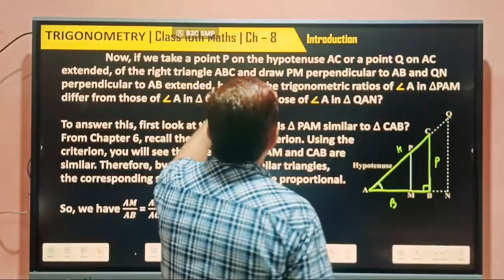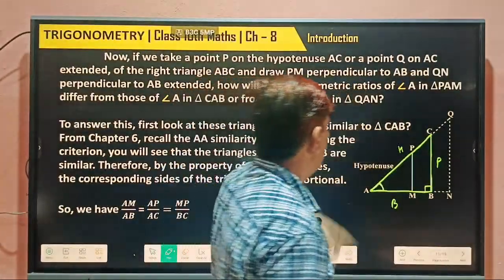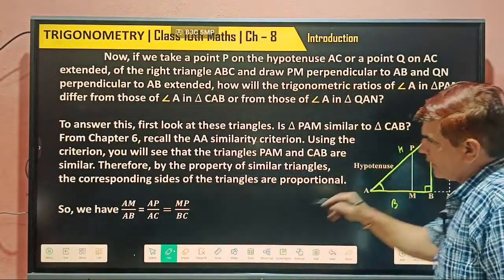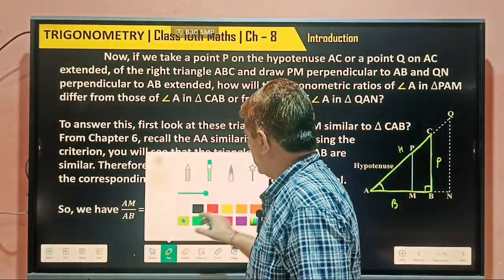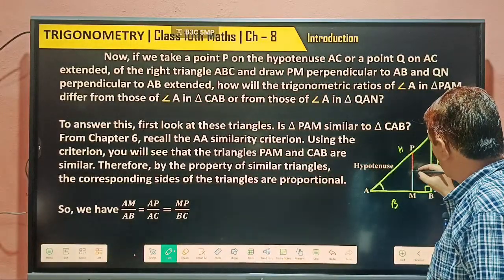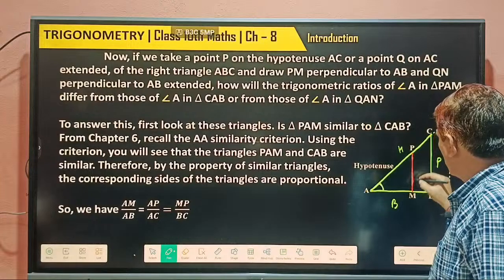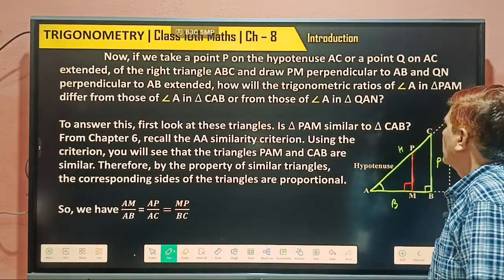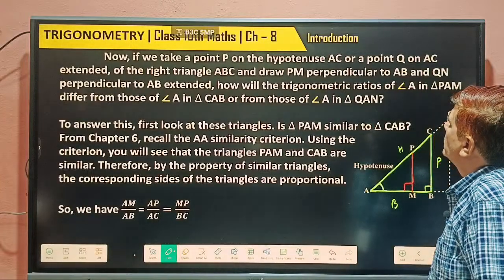Right angle triangle ABC, draw PM perpendicular to AB. So we will draw this PM, which means this angle is also a right angle. Understood?